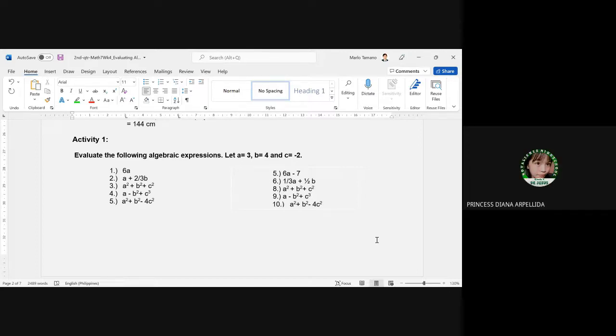Positive 8, sir. Negative 8 po. Negative 8. Okay? So 3 minus 16 minus 8. Negative 15 po? We have 3 minus 16, negative 13 minus 8.